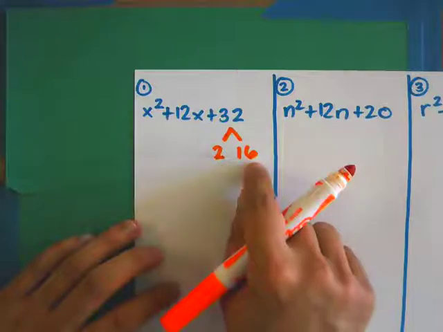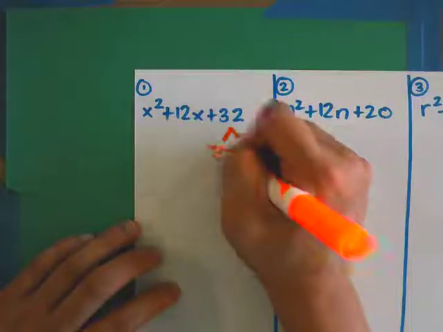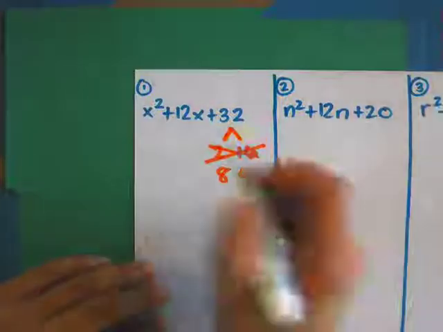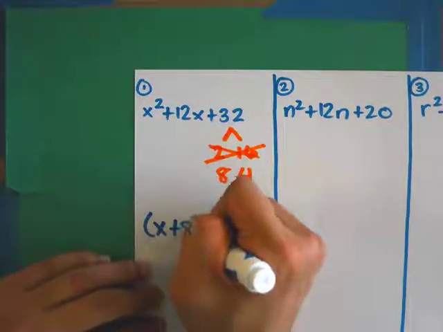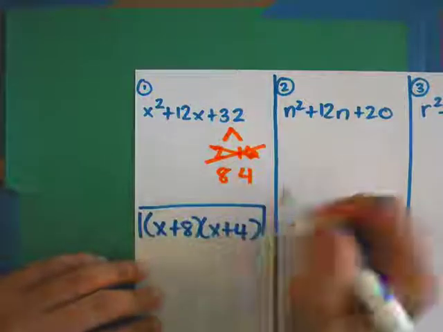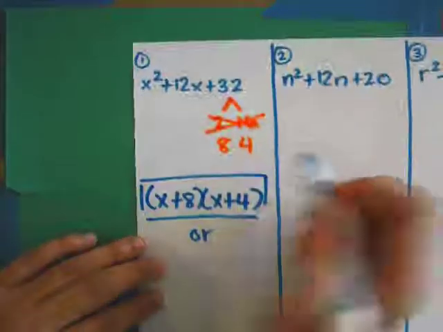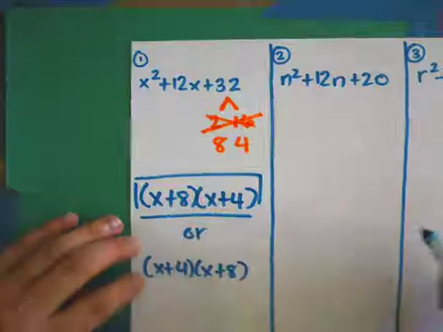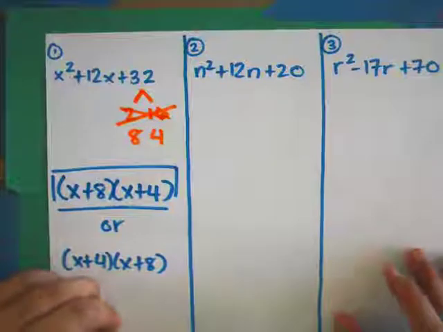But then when you add up 2 and 16, it's not going to be a 12. So this is probably not the case. 8 and 4 is probably going to be the best bet. So you're just going to write this as x plus 8 and then x plus 4. And you can also go the other way around, x plus 4, x plus 8. Either one is okay.